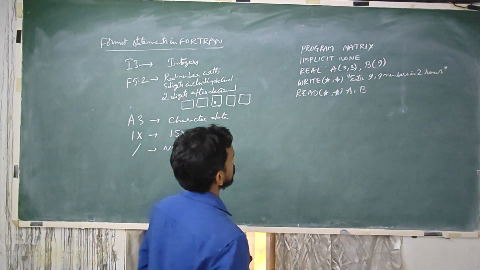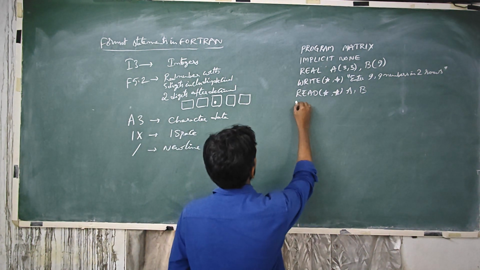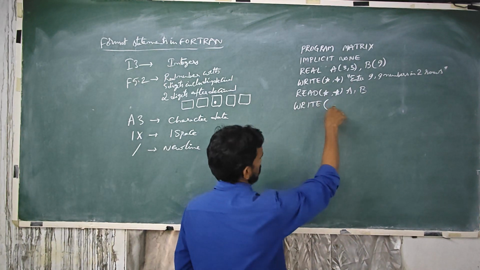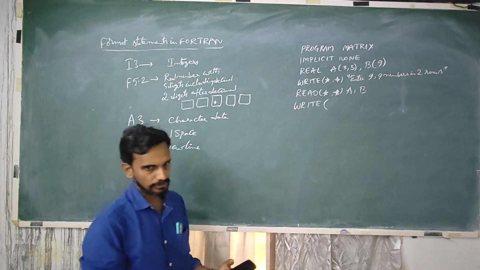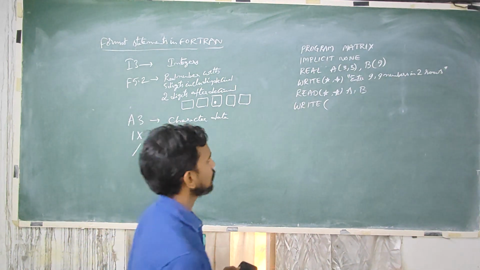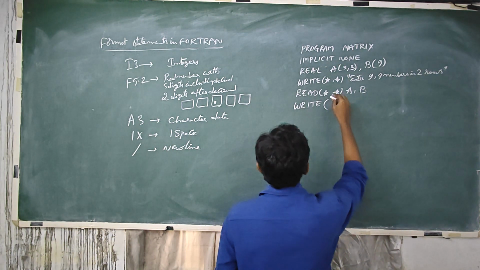Now I try to write it back. So here the first star represents the location, second star gives you the format. Okay. So what shall I do?